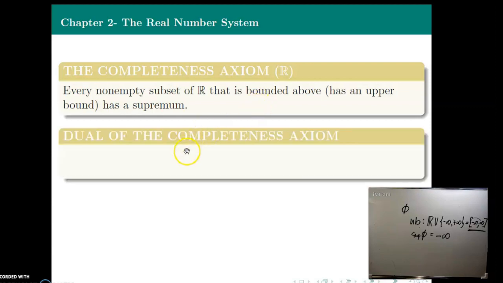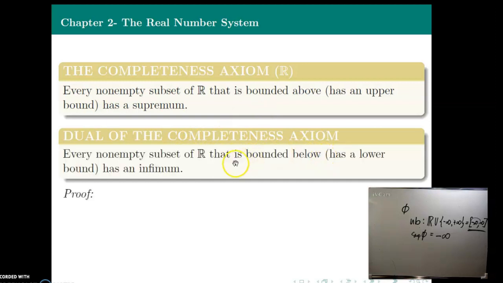And then we have here the dual of the completeness axiom, which states that every non-empty subset of R that is bounded below has an infimum. So if it is bounded below, it means it has a lower bound. Therefore, that set has an infimum.